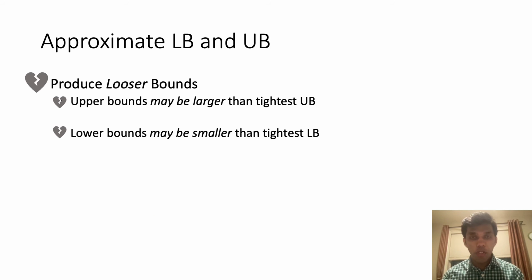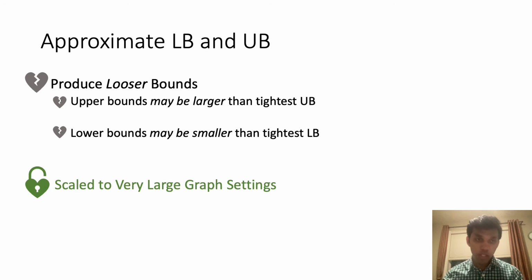Thus, in order to scale up to very, very large settings, we do approximate lower and upper bound computations. It is heartbreaking to know that they produce looser bounds. Upper bounds may be larger than the tightest upper bound, and lower bounds may be smaller than the tightest lower bound. But we unlock a new power to solve graphs of very, very large settings.